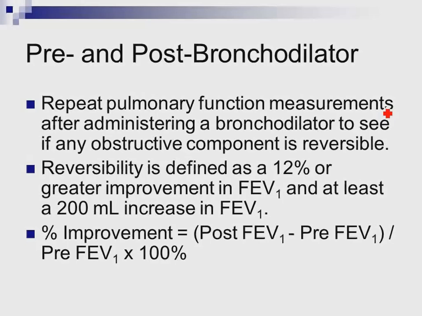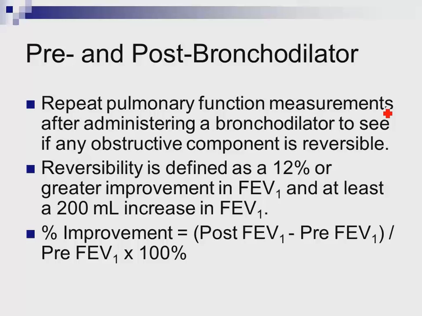If I do identify somebody who has an obstructive lung pattern, I want to know if it's reversible at all, because sometimes that flow deterioration can be improved with medication. So we'll do a pre and post bronchodilator, where we'll do our measurement and then reevaluate it to see if there's an improvement in the FEV1.